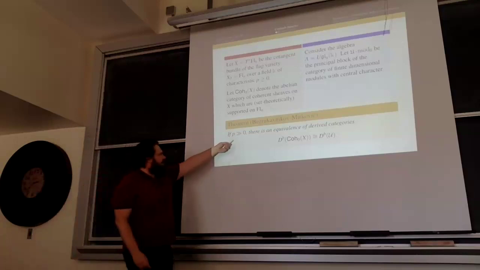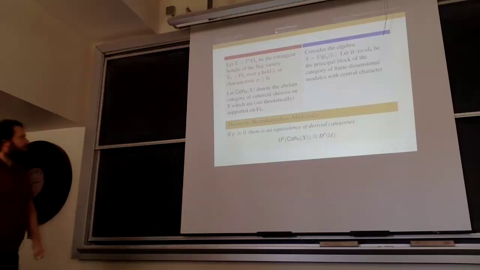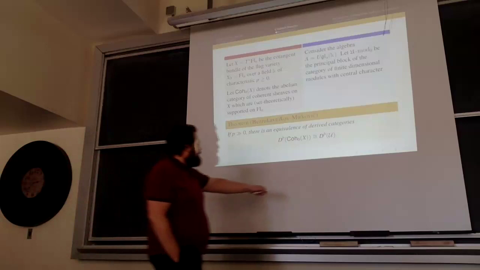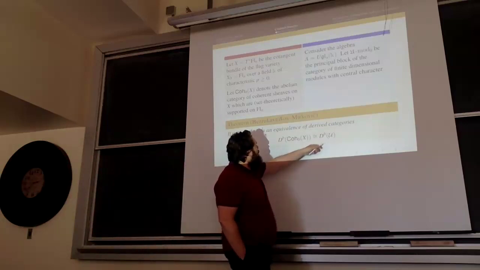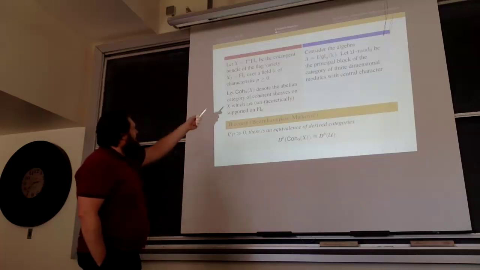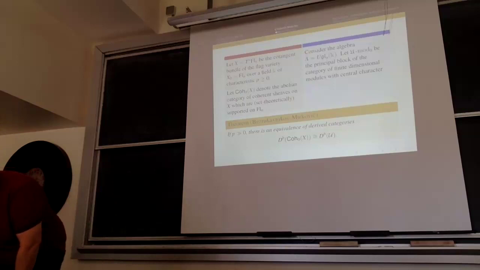Maybe switch back to slides. What's proven is that this is true for some large p. When I said the DPU, what is the representation? I mean, this is the derived category. Yeah, okay, that's weird. It's modules over this guy, finite dimensional modules. I don't know why that didn't match up, but it's just this guy.